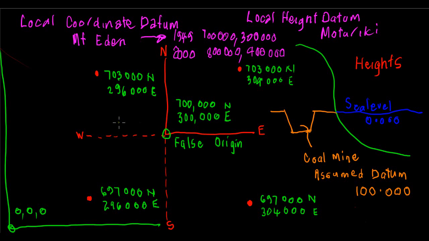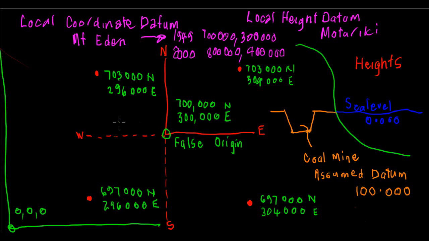Now, quite often when you're on a job, remember that the datum is Moturiki. You may have a benchmark with a value on it. That's the origin of levels for your job. So you should state the datum, Moturiki, origin of levels, benchmark 45, or whatever it is, and state what it is.